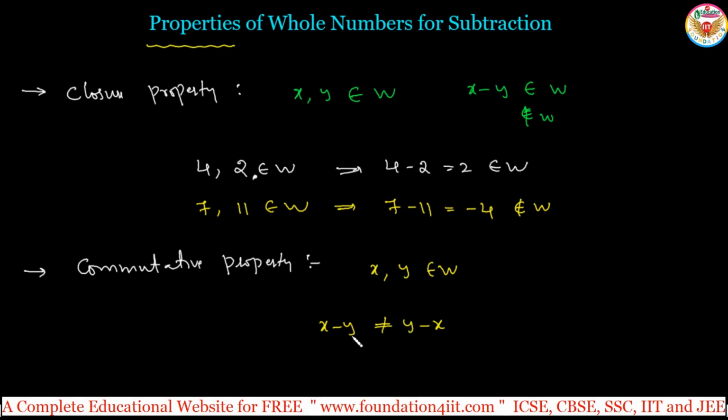This implies the subtraction of two whole numbers is not commutative. Check with an example. Let us take 15 and 8 as two whole numbers. So 15 minus 8 and 8 minus 15 are not equal, because 15 minus 8 is 7 and 8 minus 15 is minus 7. So they are not equal. That means the subtraction of two whole numbers is not commutative.